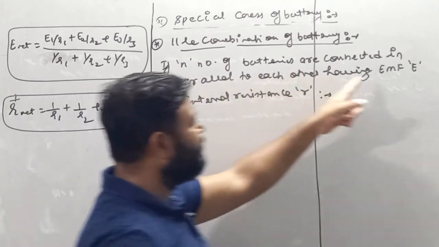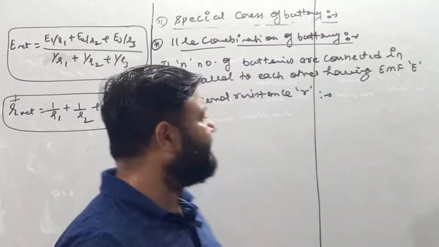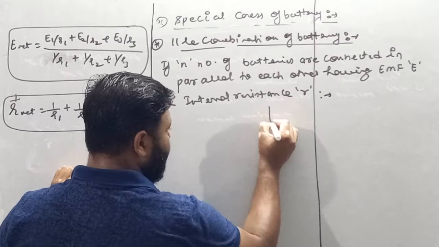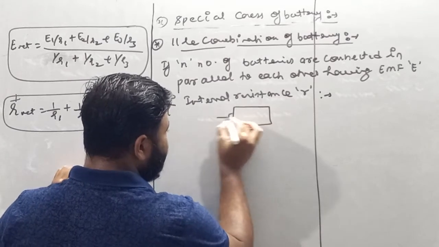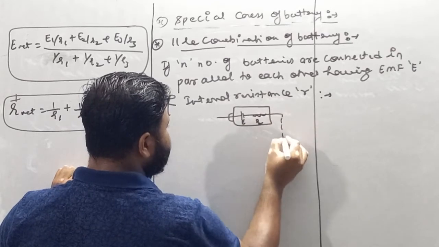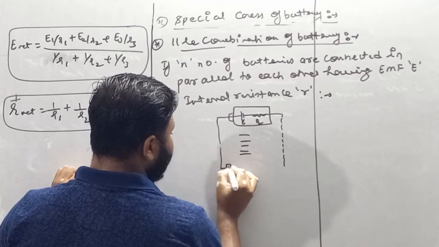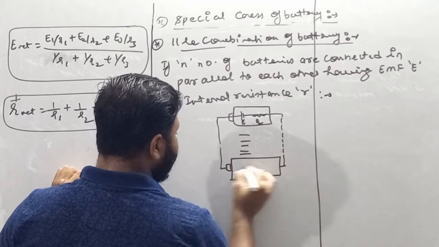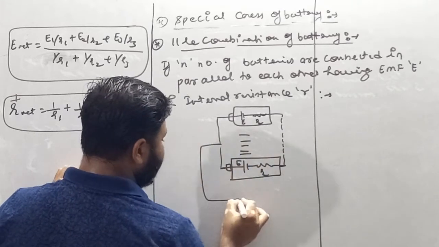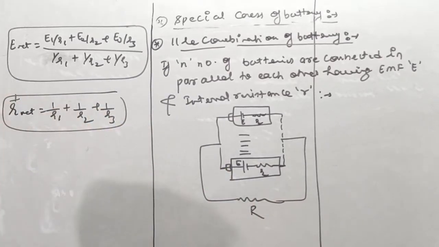Let's suppose n number of batteries are connected in parallel. Each battery carries the same EMF and the same internal resistance. So what combination does it form? Like this: this is our first battery, EMF E, internal resistance R, and n number of batteries are connected in parallel with each other having the same EMF and the same internal resistance, and the combination is connected with an external resistor of resistance R.